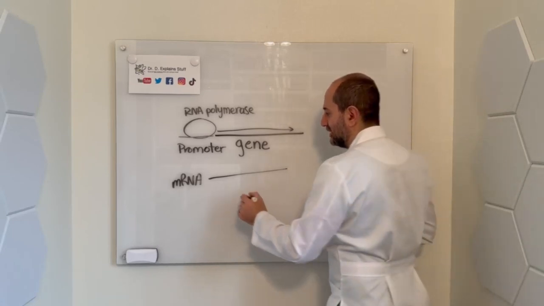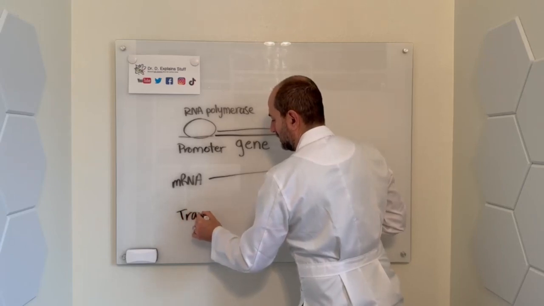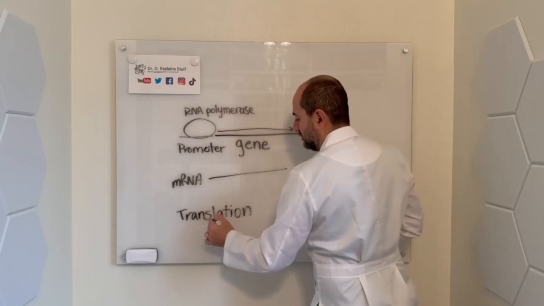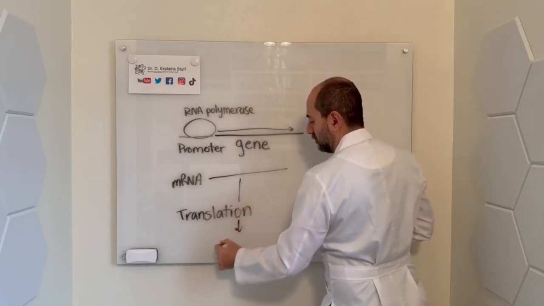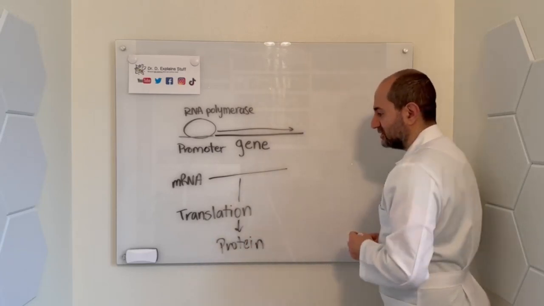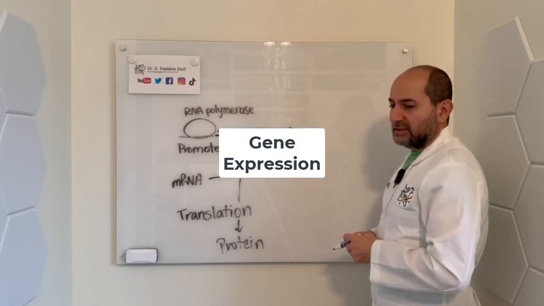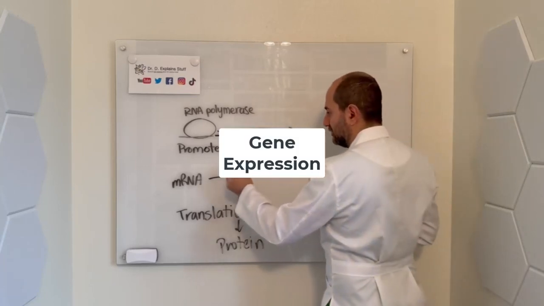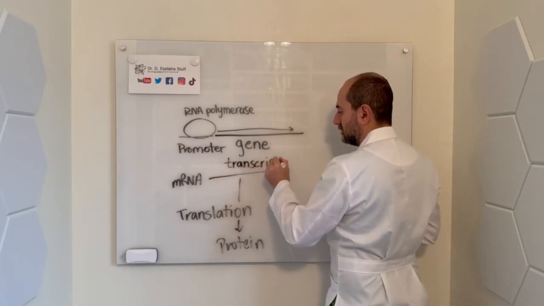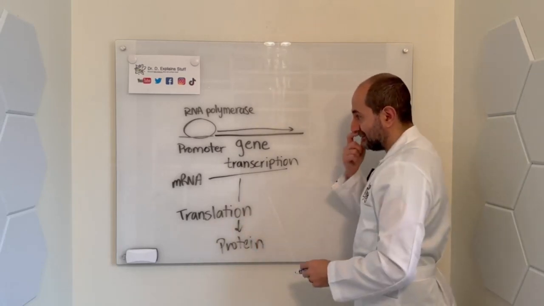And then, remember, the next step, we have translation, where the ribosomes will construct protein from that mRNA message. Okay, and remember, this is known as gene expression, the first step being transcription, and the second step being translation.